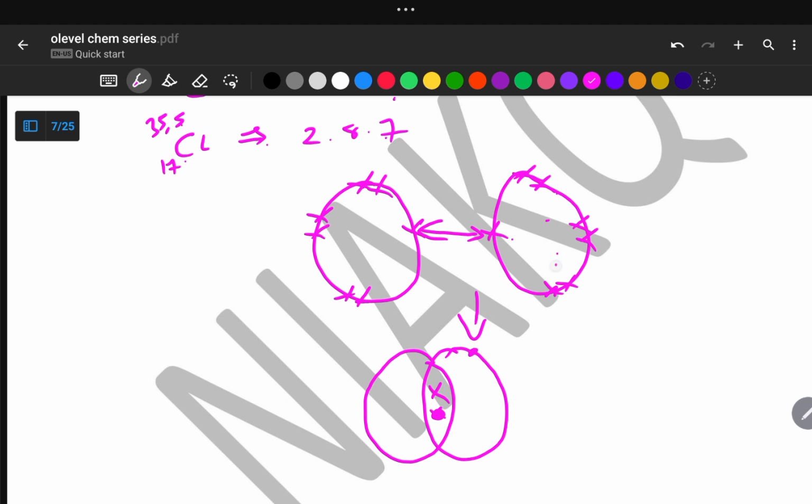So we can show this one by dots, and then this one by crosses. Are we together? So this is the covalent bond between the chlorine atoms. As simple as that. This is what you need to understand, that all the non-metals, they react by sharing electrons.